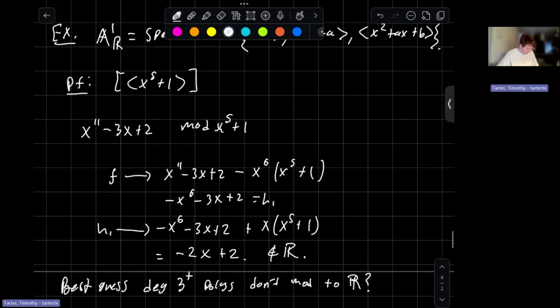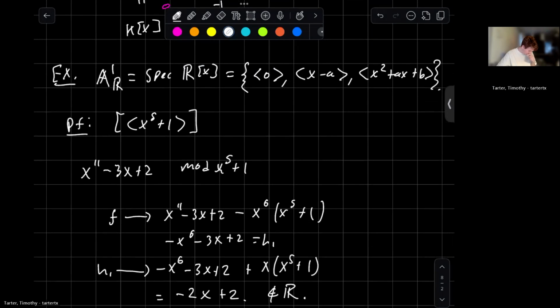Why are those the only prime ideals of R[x]?